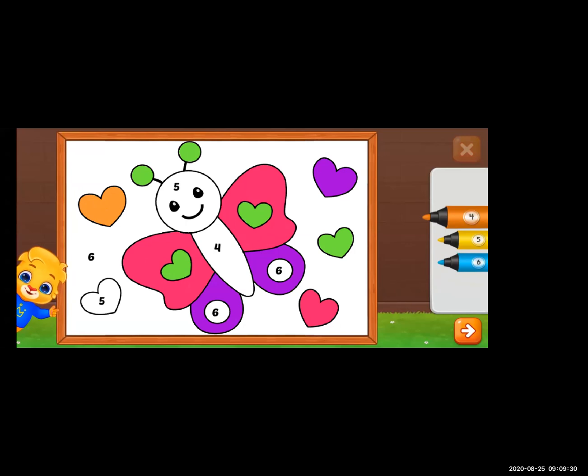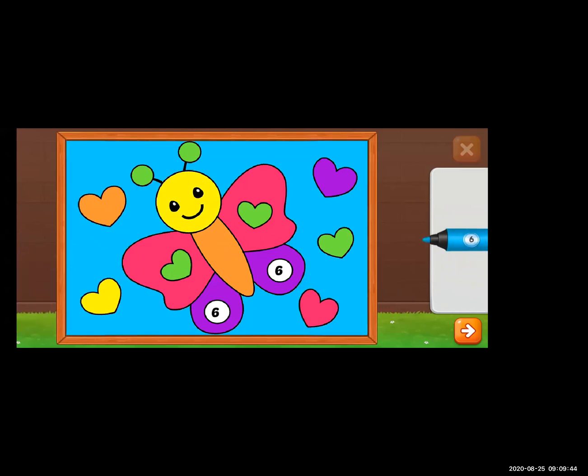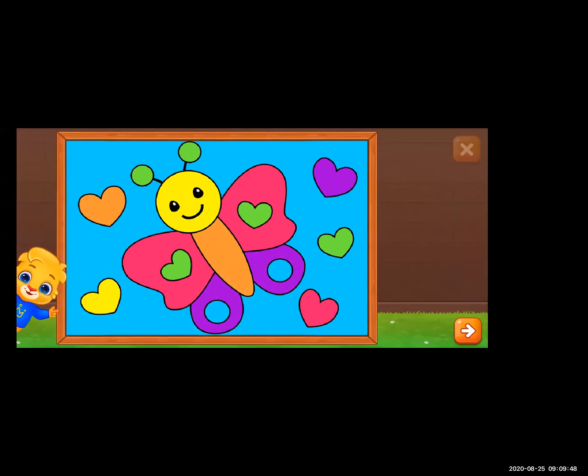One more four is there here. Now click on the fifth number and select fifth number. Okay. Now click on the sixth number and click here. See, our colorful butterfly is ready.